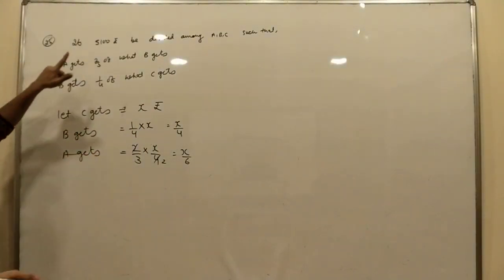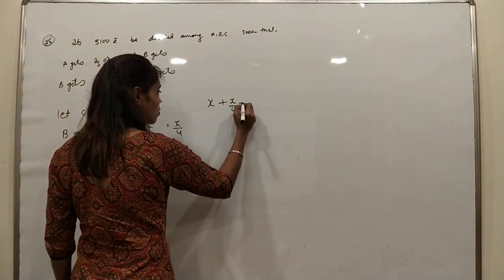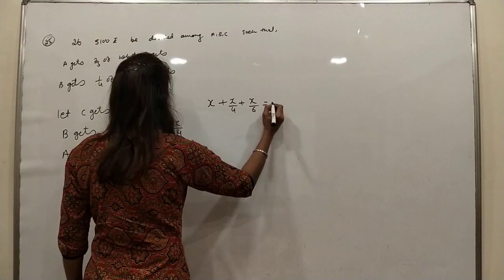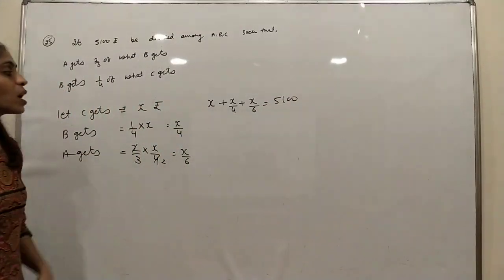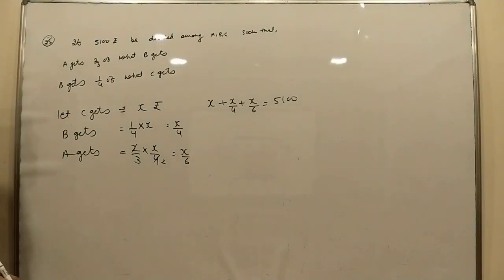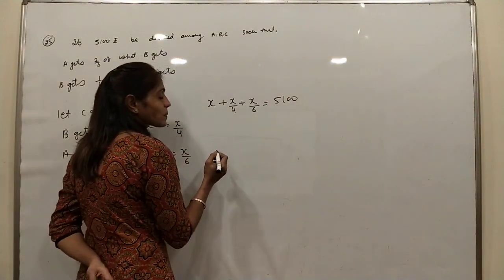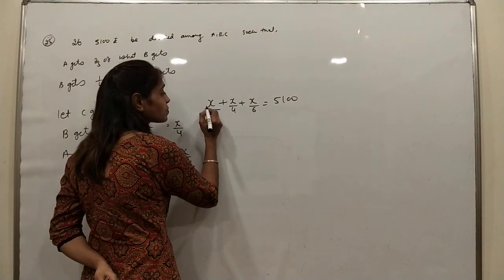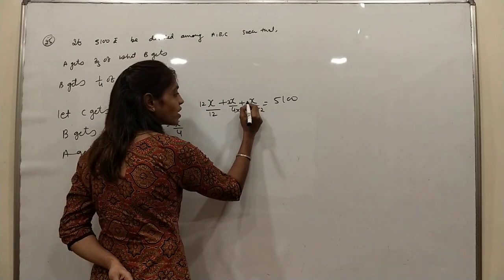But the sum is 5100. So X plus X upon 4 plus X upon 6 is 5100. The LCM is 12. 4 threes are 12, 6 twos are 12.